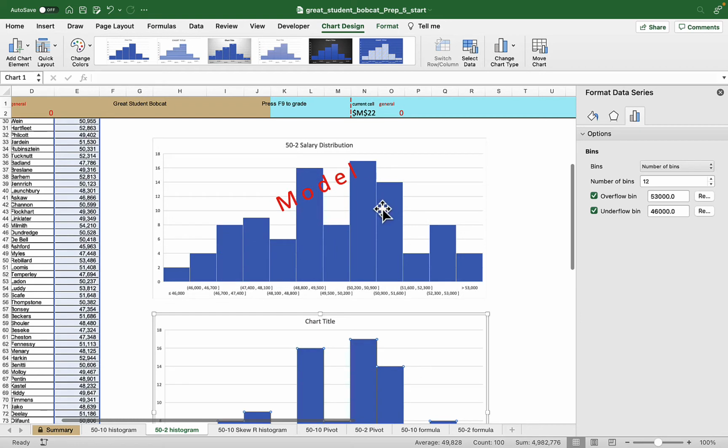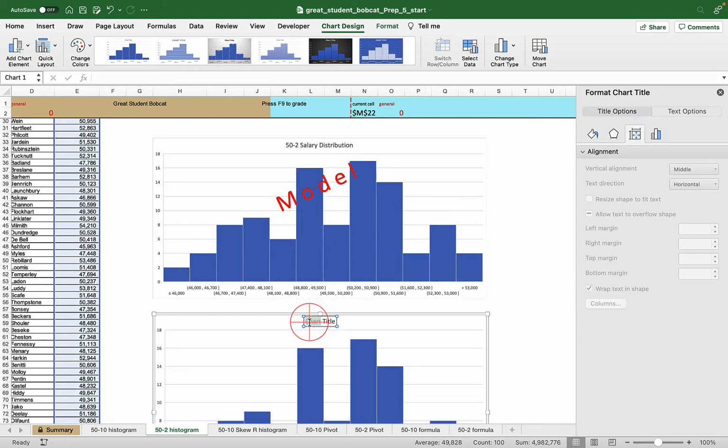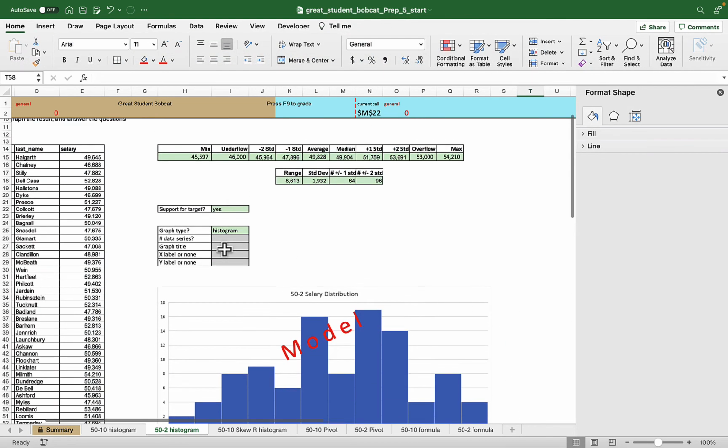It's 52 salary distribution. Now we can answer our questions. Number of data series, just one. Graph title, 52 salary distribution. So we're none. None.